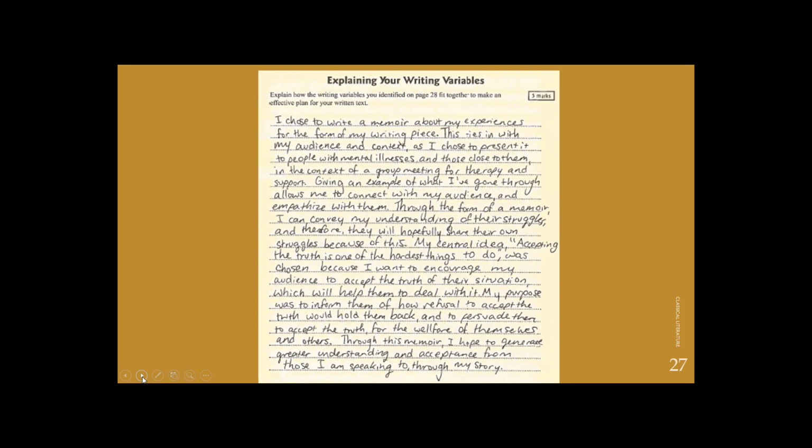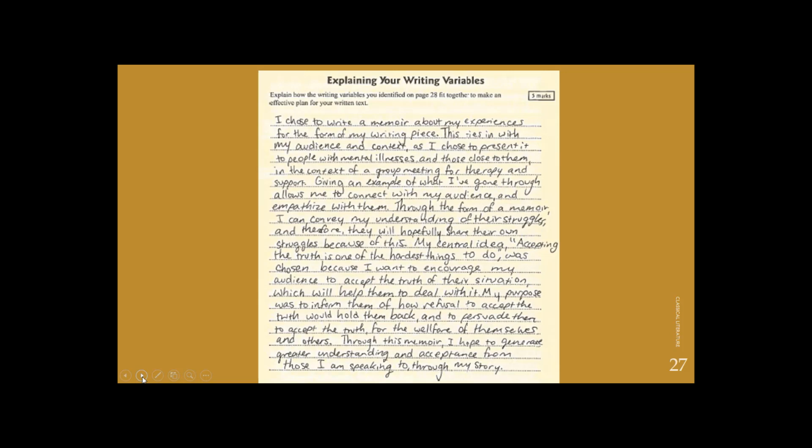So the next thing they get you to do for 5 marks is explain your writing variables. It says explain how the writing variables you identified make an effective plan. Like this one says, I chose to write a memoir. This ties in with my audience and context, as I chose to present it to people with mental illnesses.